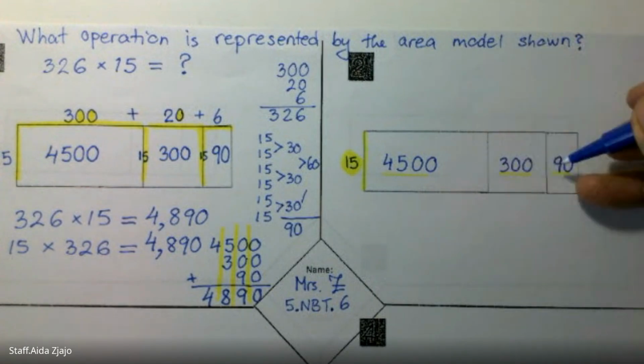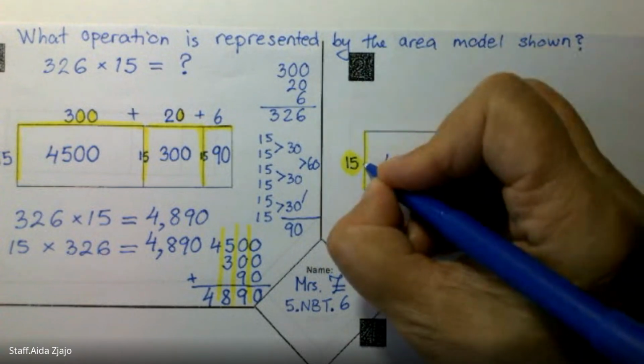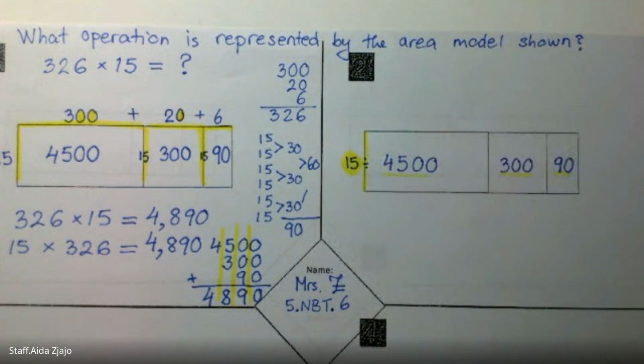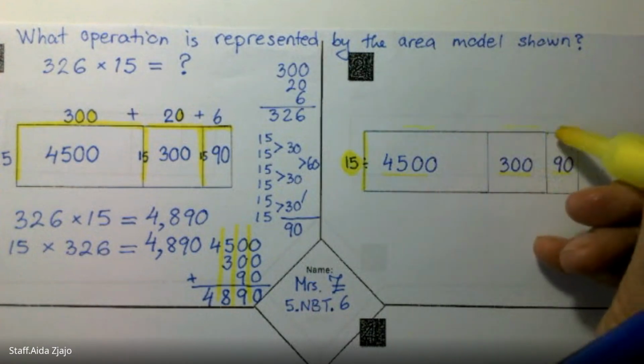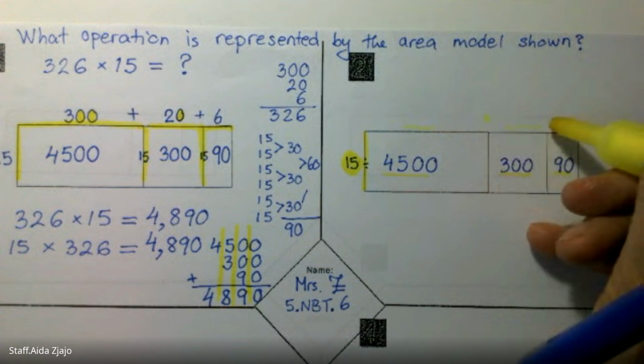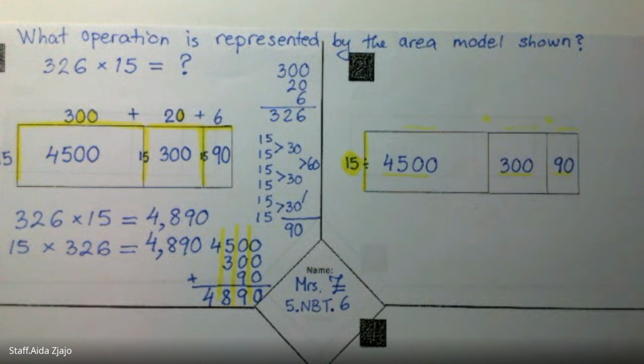So when we add them together, this number divided by 15 would be our solution, which is going to be on the top, the numbers that we're going to add here. So when we add those numbers, we will have a solution for our division, or quotient.